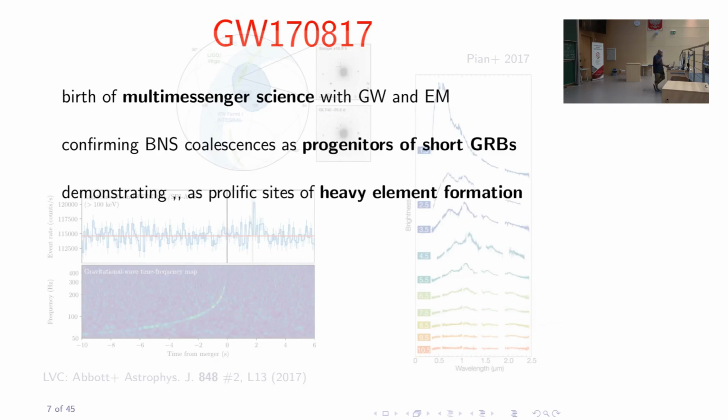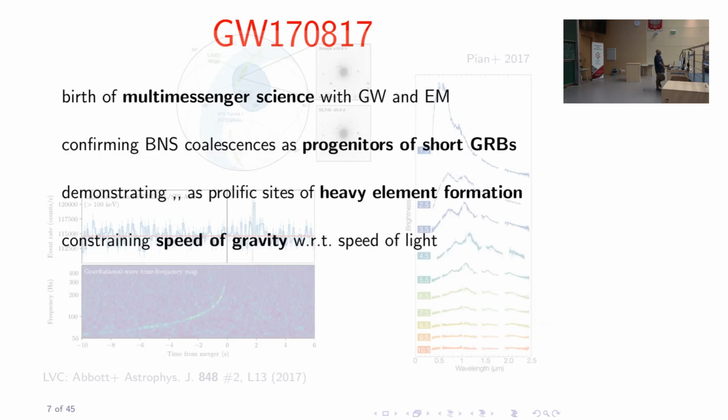In the kilonova, we could see spectral lines from heavy elements. So it demonstrated these mergers as the sites of heavy element formation. This really explains the abundance of heavy elements now, which could not have formed in other astrophysical processes.